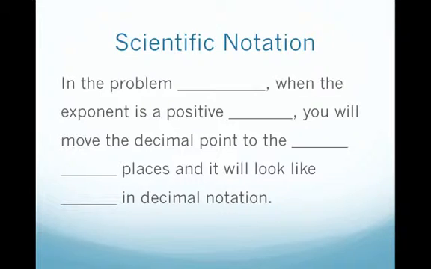So in the first blank, you need to create a problem that is in scientific notation. And then you have to tell me what the exponent will be. And then you have to tell me what direction you're going to have to move the decimal point and how many places. And then in the last blank, you're going to tell me what it's going to look like in decimal notation.